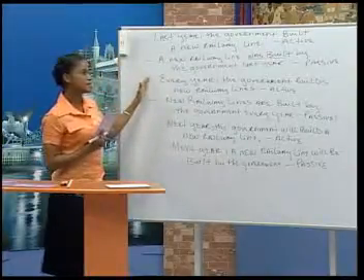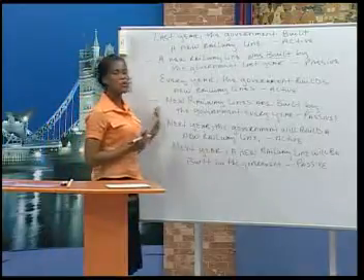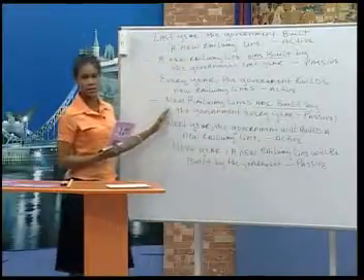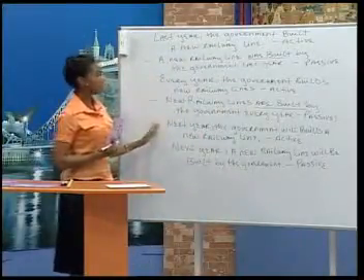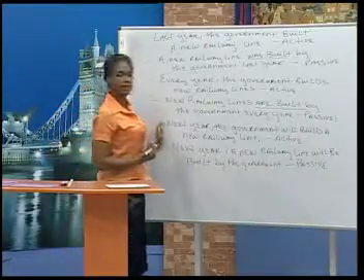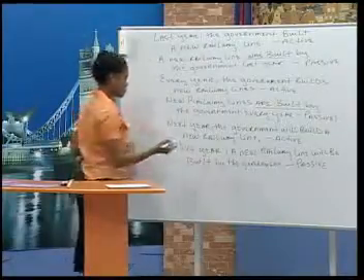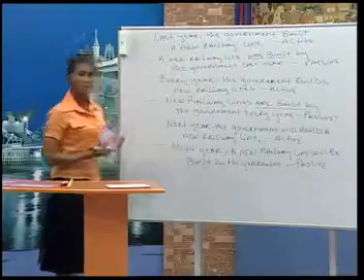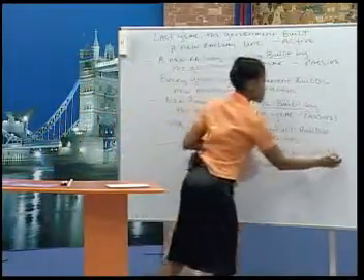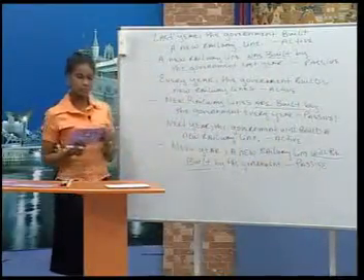Changed into the passive, it becomes new railway lines are built by the government every year. Our third sentence is in the future. The active sentence is next year the government will build a new railway line. Changed into the passive, it becomes next year a new railway line will be built by the government.